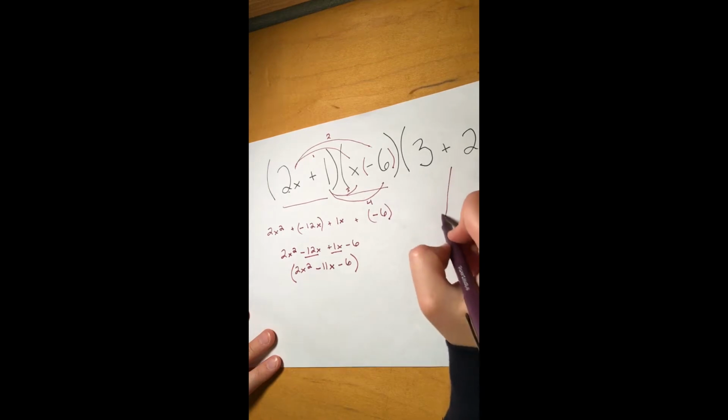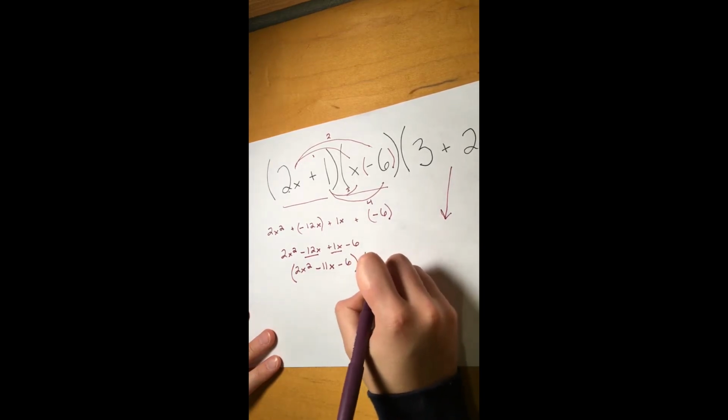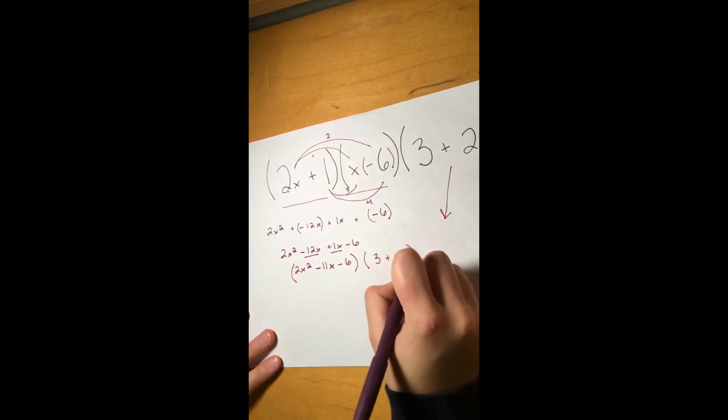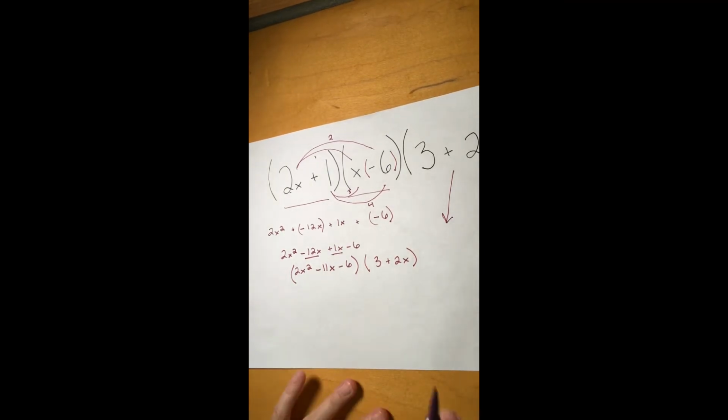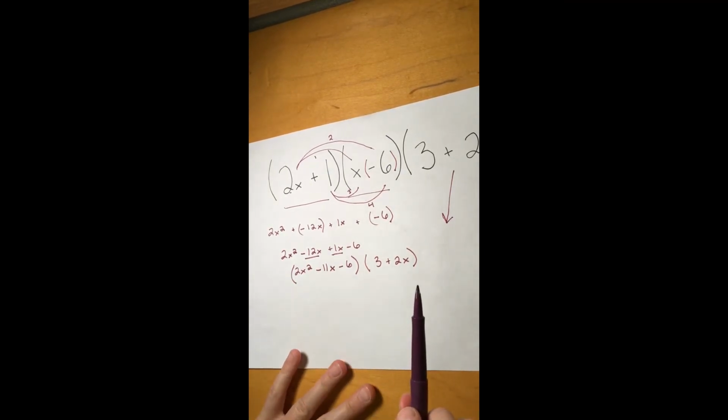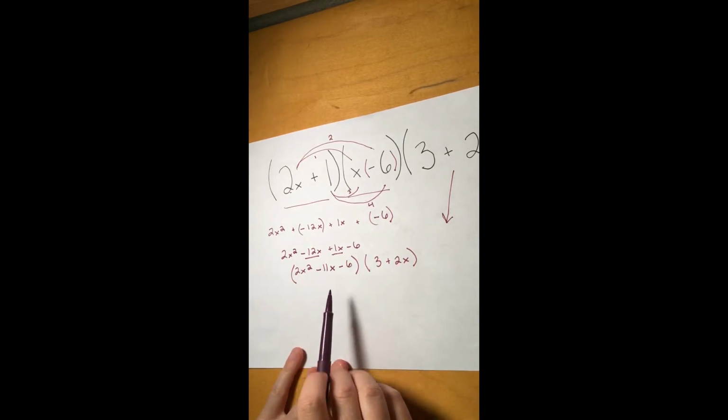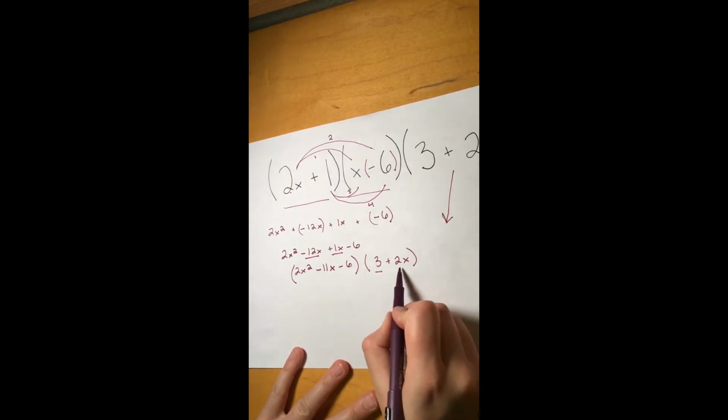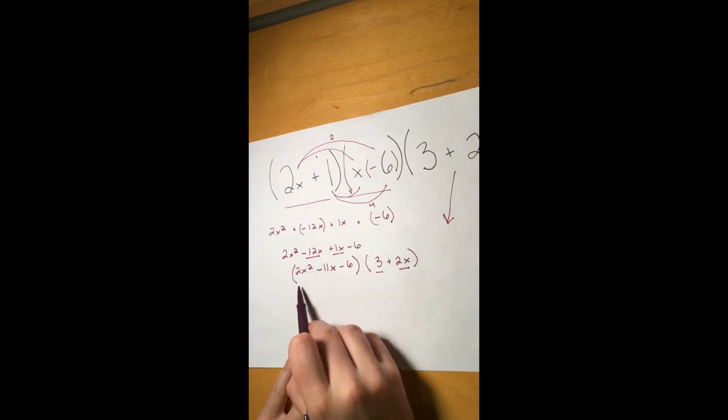Now we carry this guy down. 3 plus 2x. If we want to break these down, we do the same format, but because there's 3 terms here now, we have to multiply each of these by each of these.